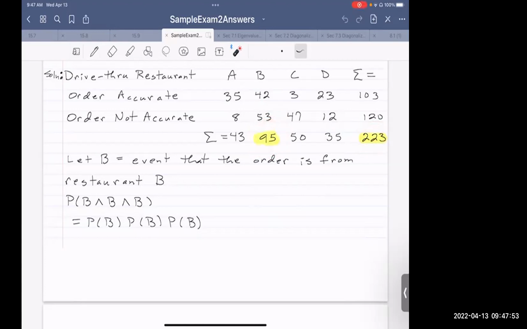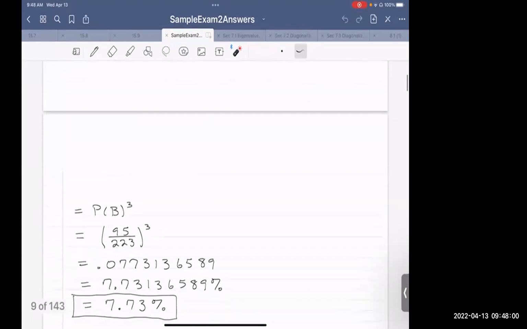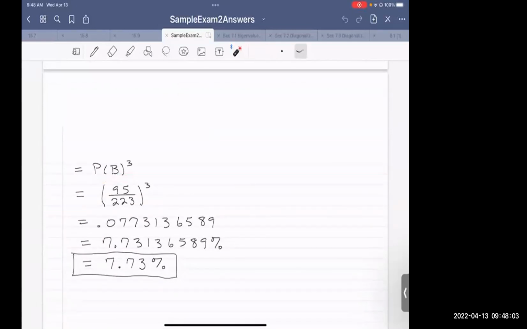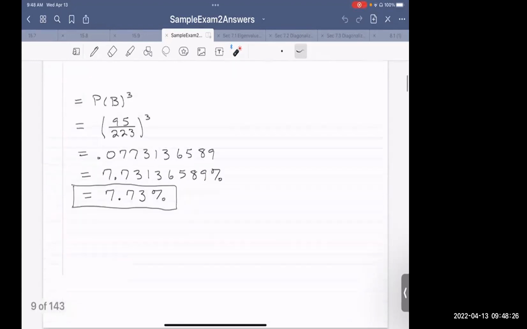The probability of the third one that you choose is from restaurant B will still again be 95 out of 223. And so it's 95 out of 223 quantity cubed, 0.077313658. Move my decimal place 2 places to the right, 7.73136589%, round to the nearest hundredth of a percent, 7.73%.